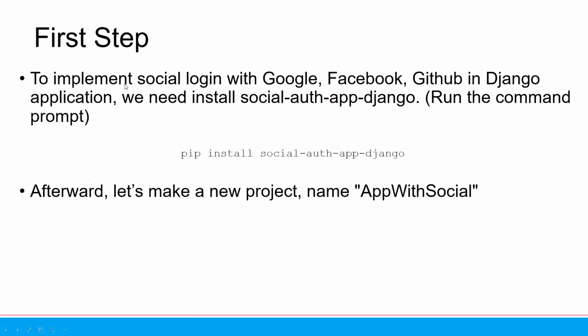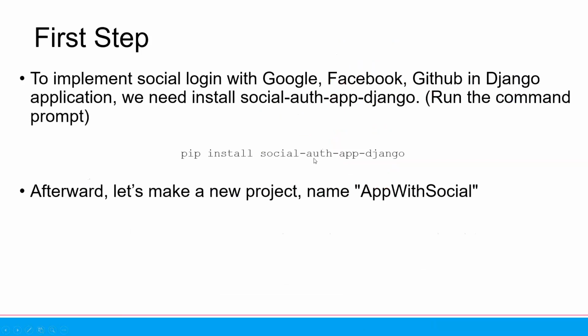So first, let's do the social login installation. Okay. So to implement the social login with Google, Facebook, and GitHub. As far as I know, they have the connection to these three, but for other social media like Kakao or Naver, you need to find the proper apps or the proper library.